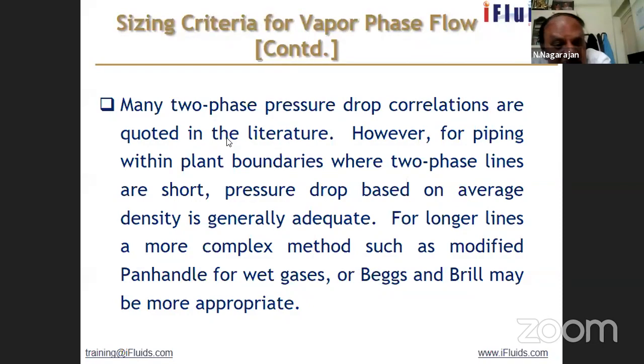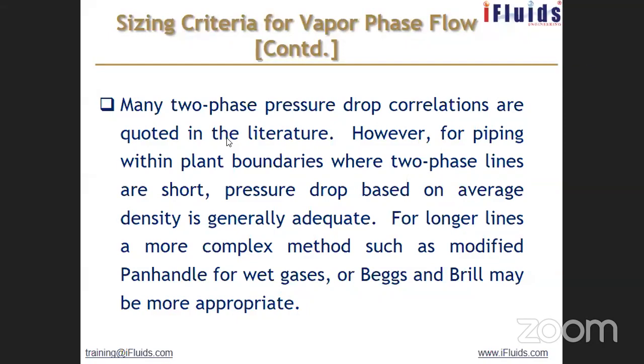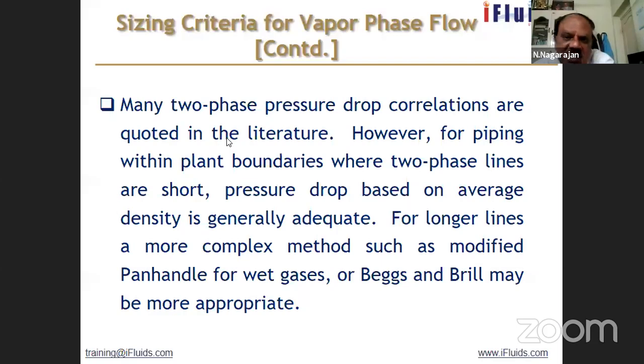The mass divided by density gives you volume. Similarly for gas, you know the mass rate and density, and find the volume. Add these two volumes to get the total volume. You know the total mass, liquid plus vapor, divided by the total volume, and that gives you the average density. You can use this density for pressure drop calculations.